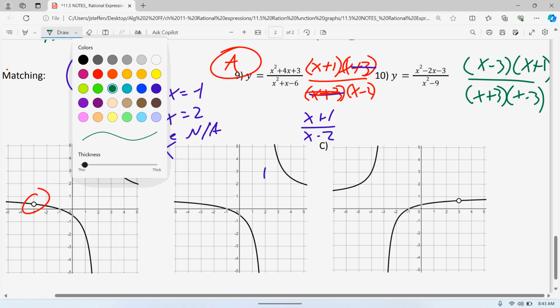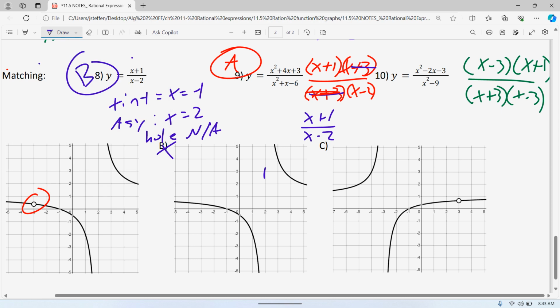So with this one, the x minus 3's cancel. Again, right away, I already know that's going to tell us where our hole is. Our hole is at 3, so that confirms that. It also says your vertical asymptote is at -3, so that's over here. That's perfect. And your x-intercept is at -1, which is what we had for all of them. So 10 ends up being C for that one.